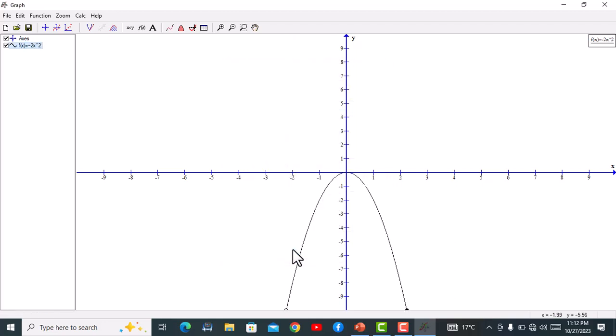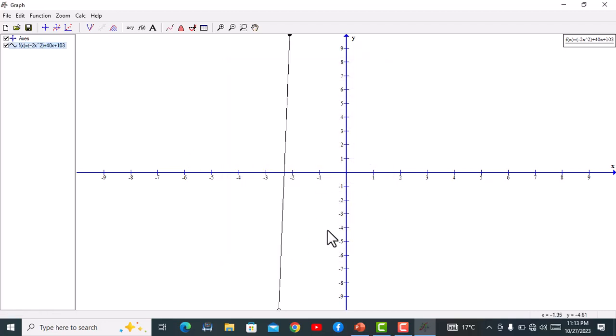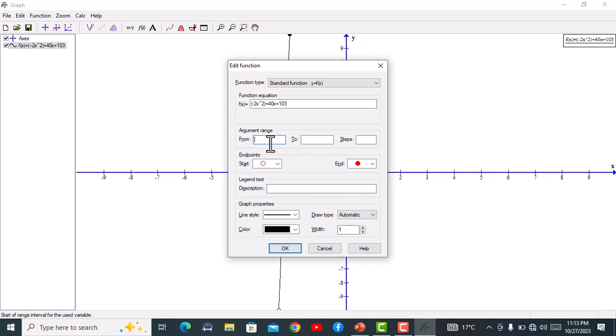Let me just do this first, and there we have it. So we have -2x squared plus 40x plus 103. And we are having a problem. Let me show you why I'm saying that.